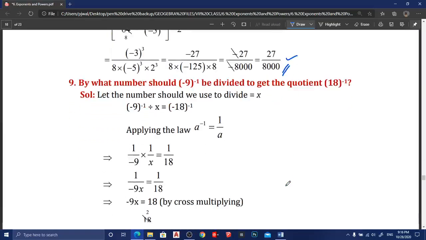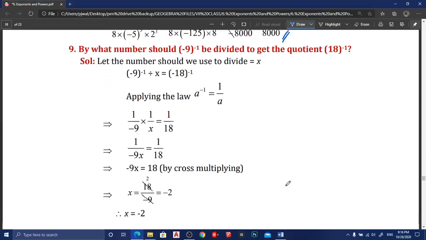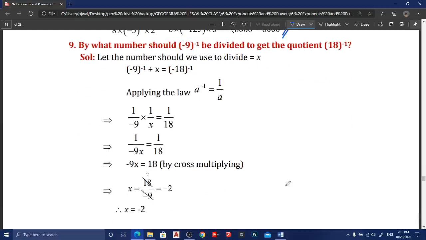Next, by what number should minus 9 to the power of minus 1 be divided to get the quotient 18 to the power of minus 1? So this type of problems, so many problems you did in the integers, fractions and decimals also.